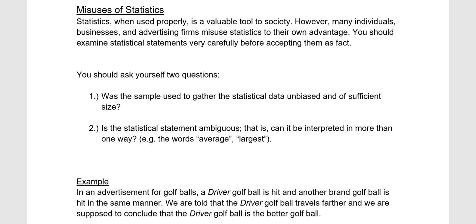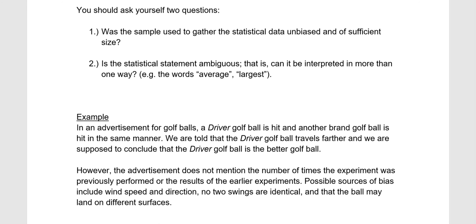Two of the main questions you should be asking yourself when presented with some sort of statistics is, was the sample used to gather the data unbiased, and was it a large enough sample size? The other question to ask yourself is, is the statistical statement ambiguous? Meaning, can it be interpreted in more than one way?